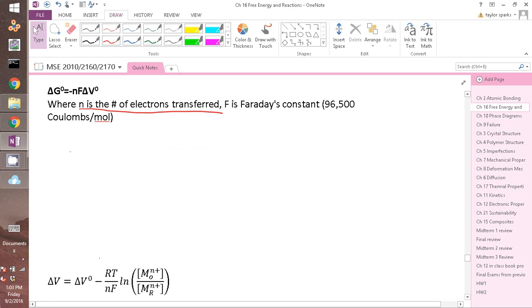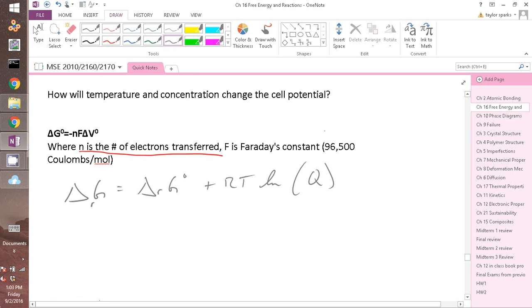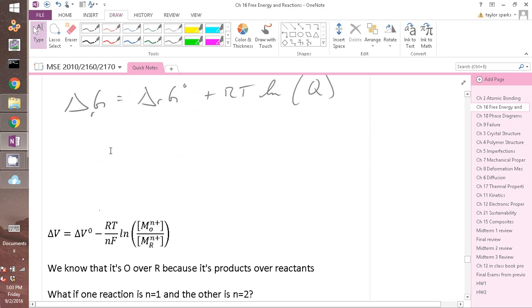So before we had delta G equals delta G naught, so the change in free energy for a reaction equals the theoretical component, based off of standard values, plus RT natural log of Q. This is going to be completely analogous. All we have to do is plug in this relation everywhere that we see a delta G, and we get this relationship.